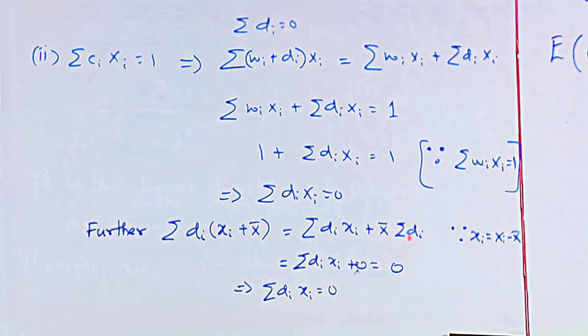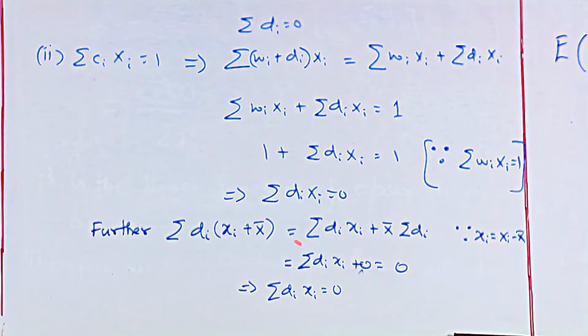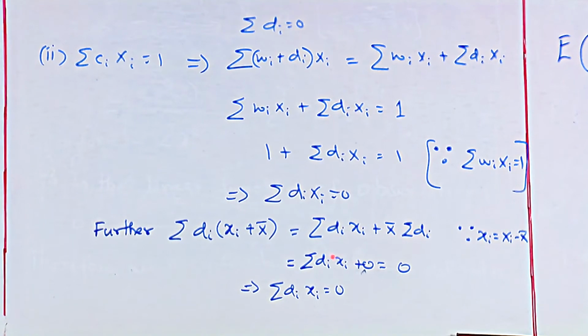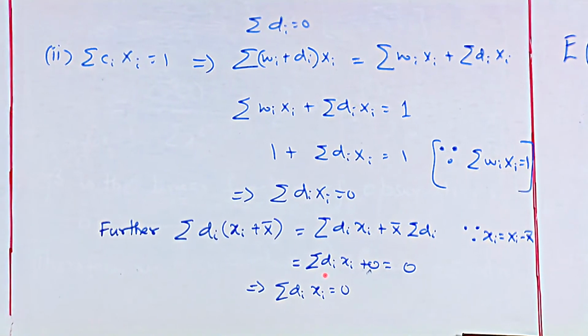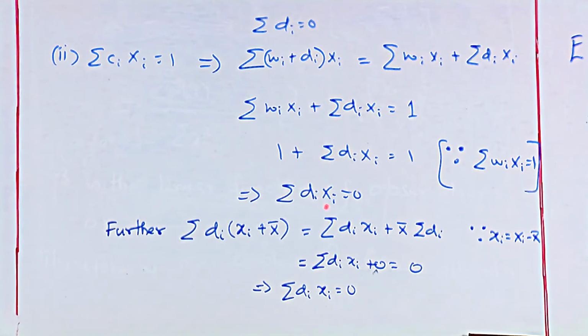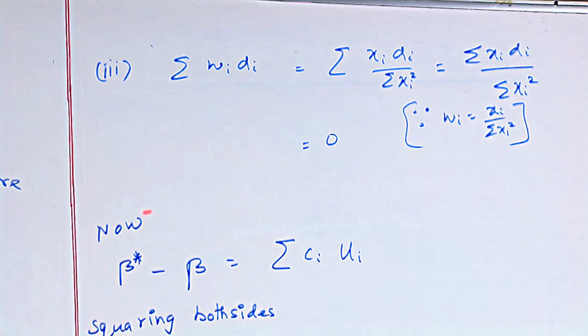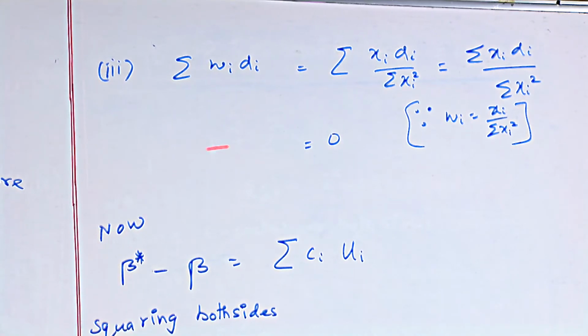We already know Σ Di is 0, and so the value of this is equal to Σ Di xi. From the expression Σ Di Xi is equal to 0, we get Σ Di xi is also equal to 0.